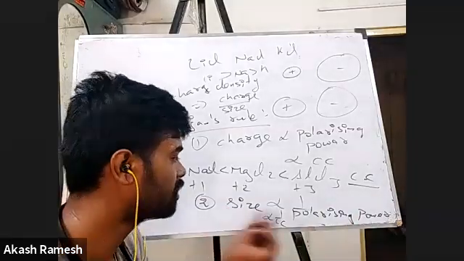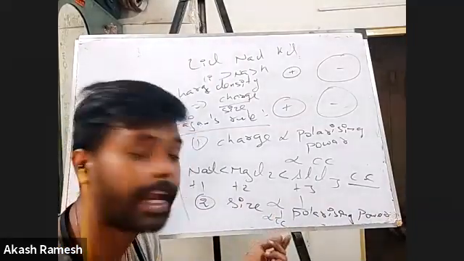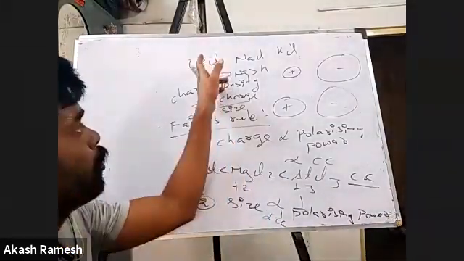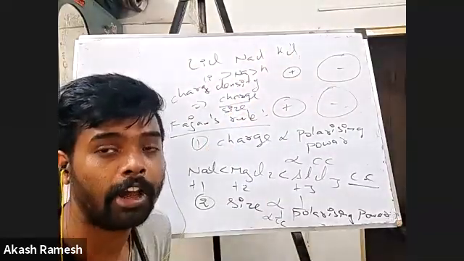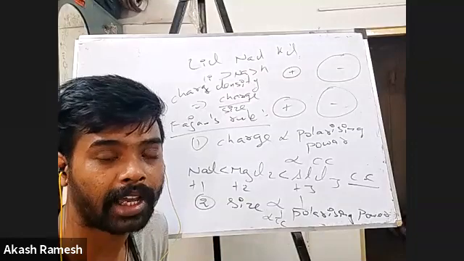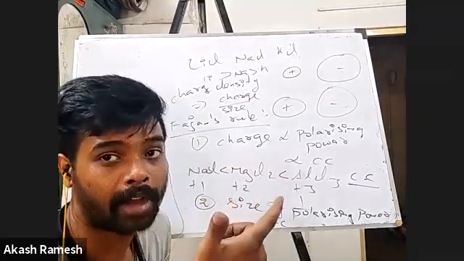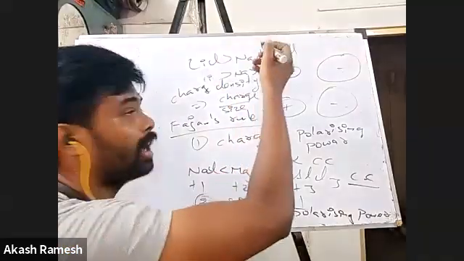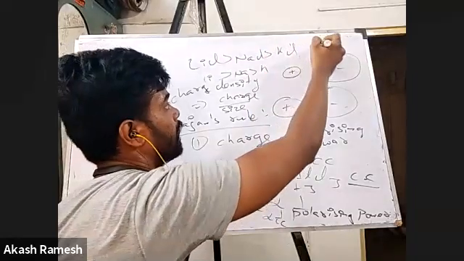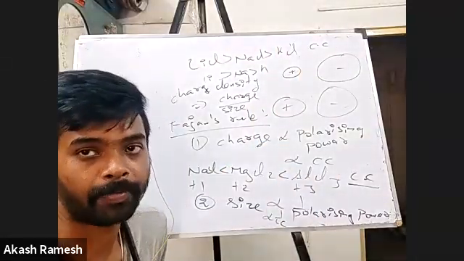So whichever has the least size is going to have the maximum covalent character. In this case, LiCl is more covalent than NaCl, and NaCl is more covalent than KCl.